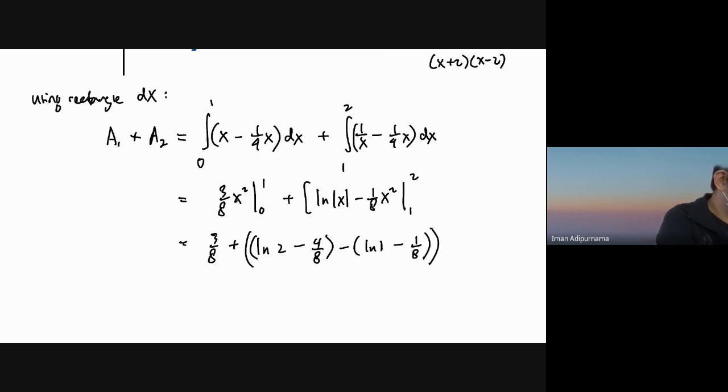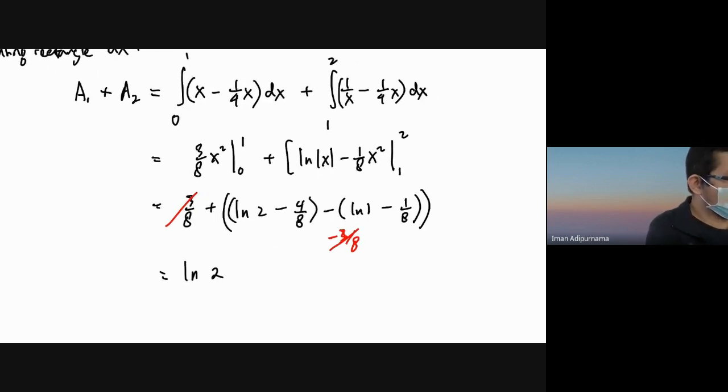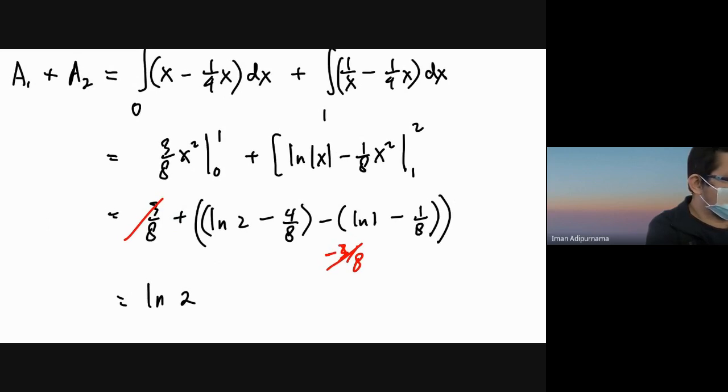So this will be minus 3 over 8 here and 3 over 8 here, I cancel these, and we get the result is ln 2. Note that you need to be careful on calculations, especially the minus part. Sometimes you may take the opposite signs, and the result will have a constant.